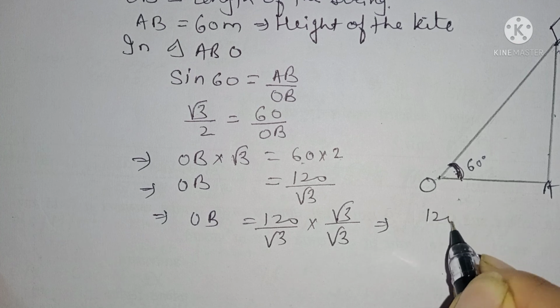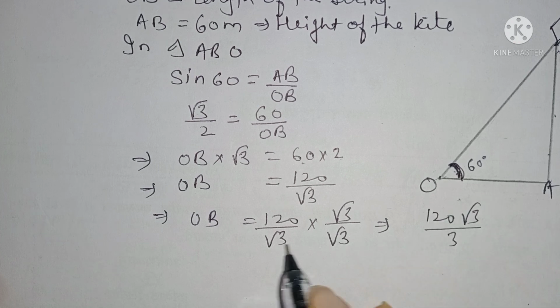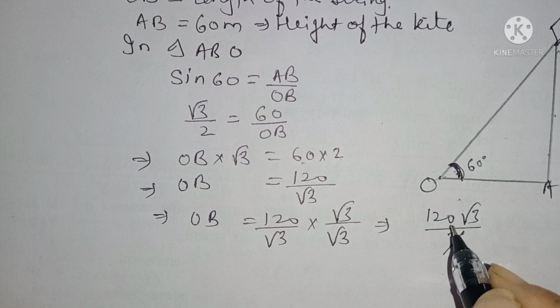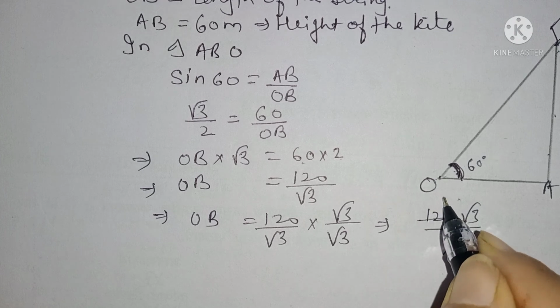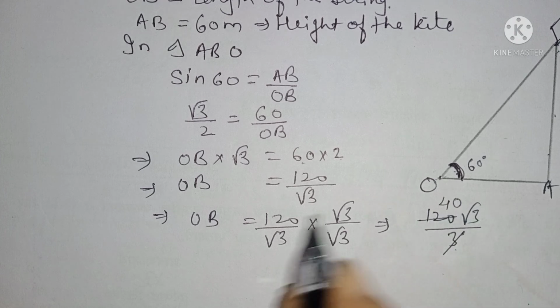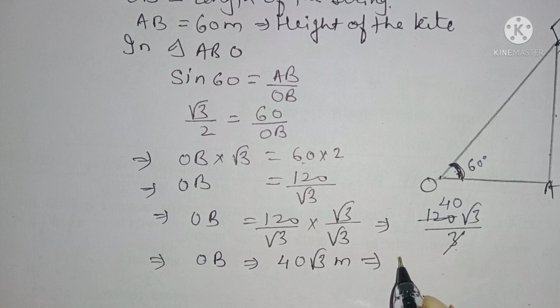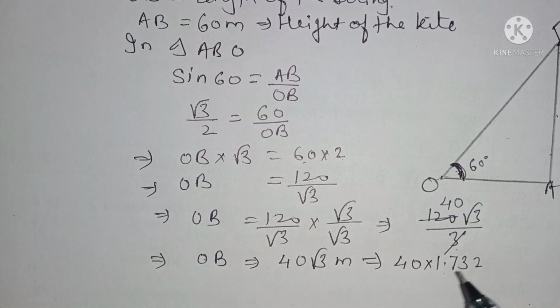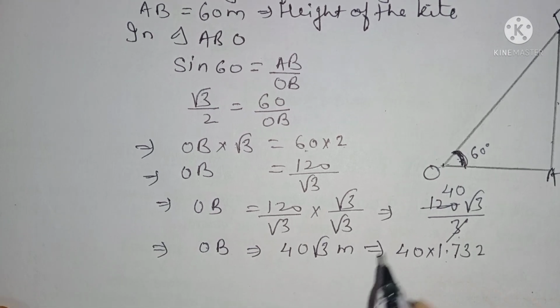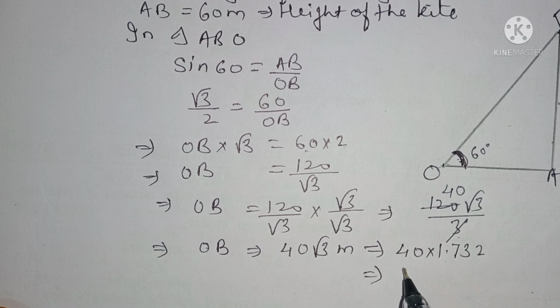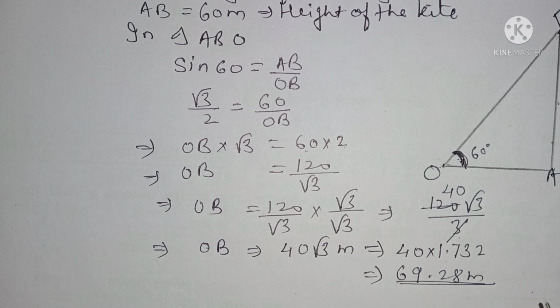This implies 120 root 3 upon 3. Root 3 multiplied by root 3 is 3. We can cancel 120 by 3. 3 fours are 12. So 40 root 3. So your OB is equal to 40 root 3 meter, or after putting the value of root 3 as 1.732. It is always advisable to put the value of root 3, so you will get the accurate answer. So your answer is 69.28 meter. That's all. The length of the string is 69.28 meter.